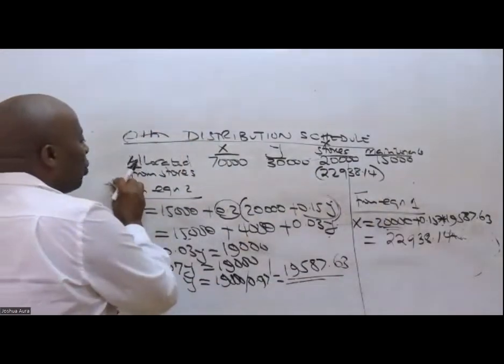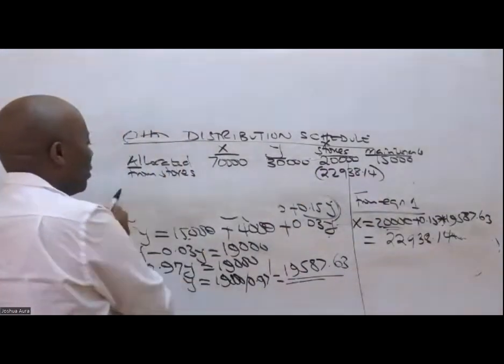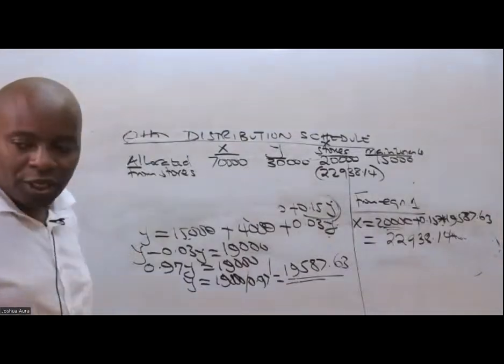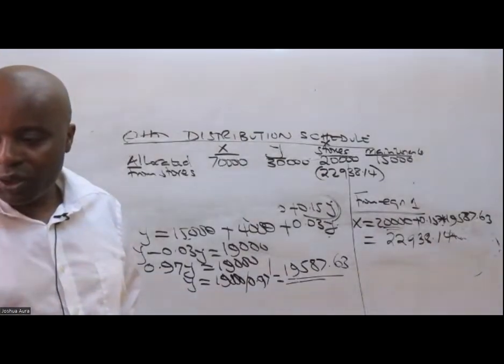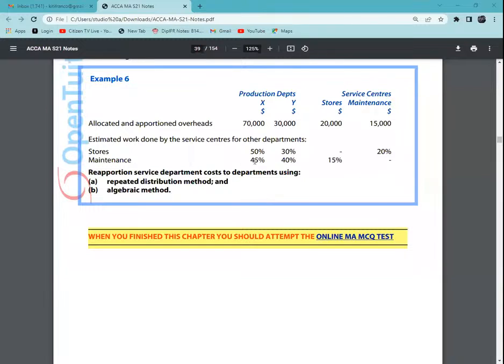So from stores, we happen to have the percentages: 50%, 30%, 0, and 20%. Could you please give me this figure apportioned in these percentages?